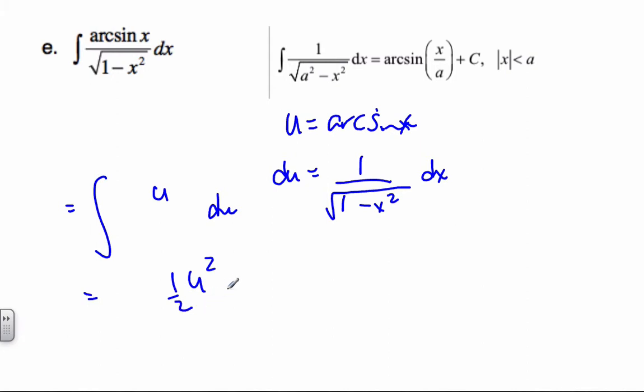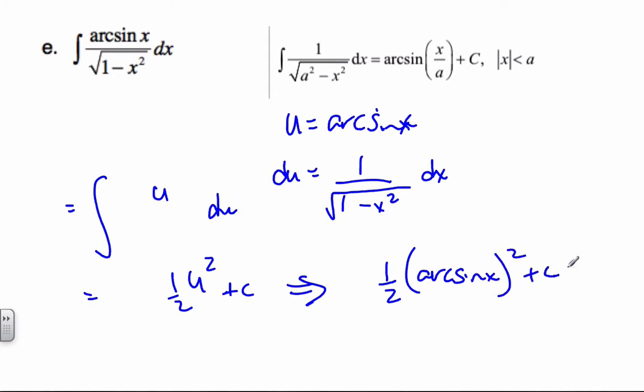It's 1/2 u squared plus c. Plugging in our u value, my final answer is 1/2 arcsine of x, squared, plus c. There's my answer, and I have to be careful that it is a u substitution. One of the hardest things about integration is choosing the right technique to help us out.